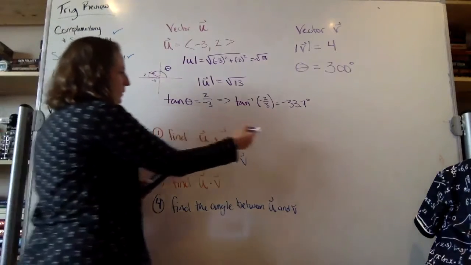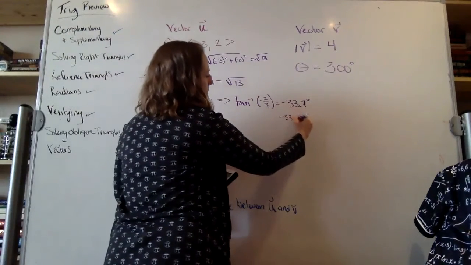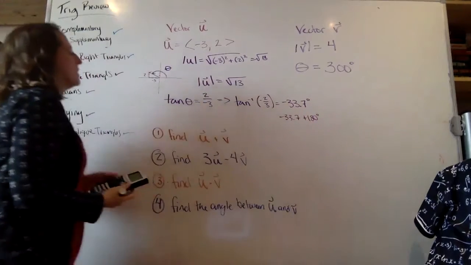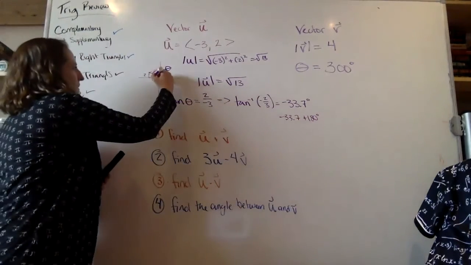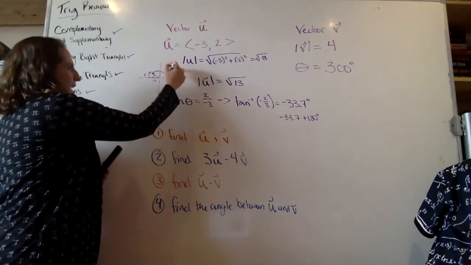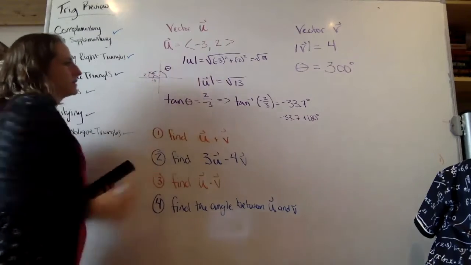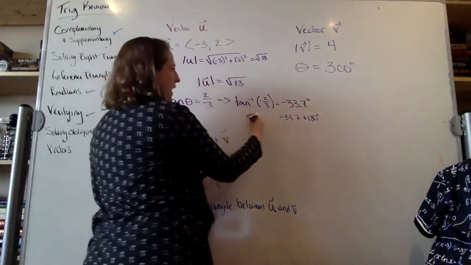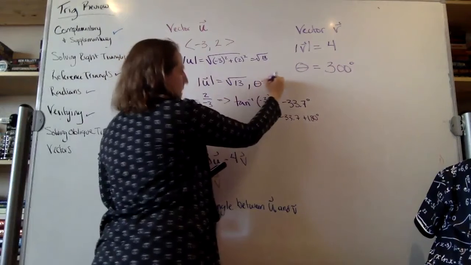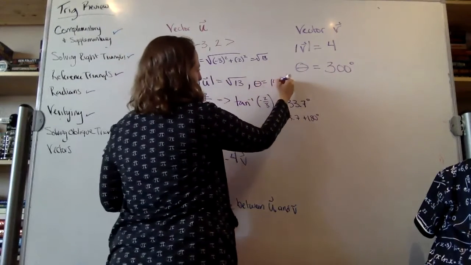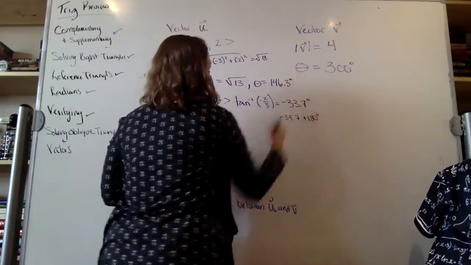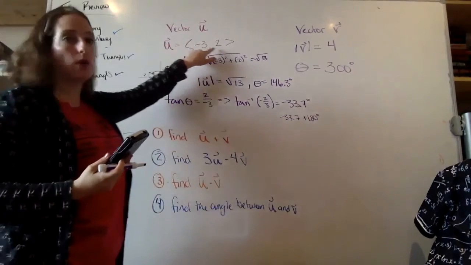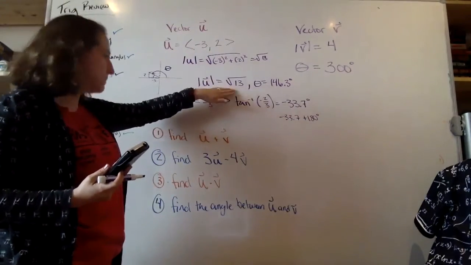So what did I do? I took this -33.7 plus 180 degrees. Why did I do that? Because right now it's giving me this angle here, and that's a negative. I want to get this positive because our direction angle is always a positive, okay? When I do that, I get that theta is equal to 146.3 degrees, okay?